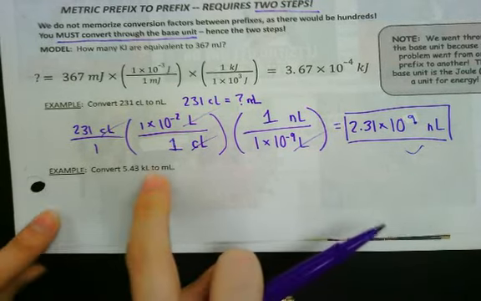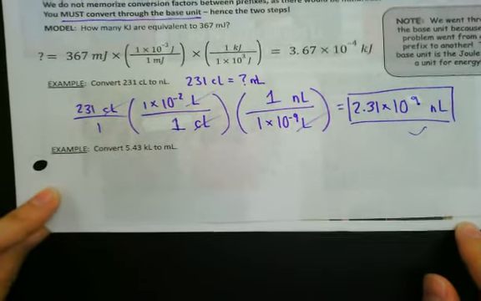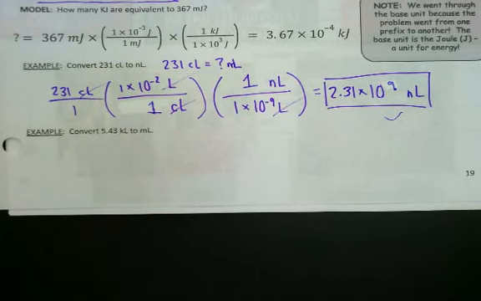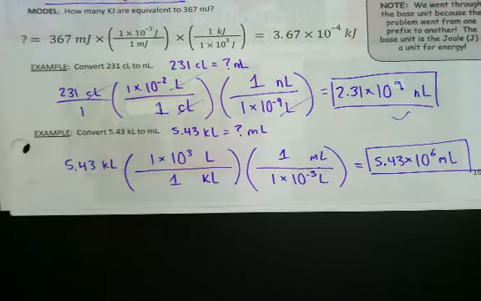Oh, okay. Then I want you to go ahead and try the second one. And then I will put up the answer so you can check your work. Okay, so there is the answer to that problem with all the work shown. So double check yourself, make sure you did that correctly.